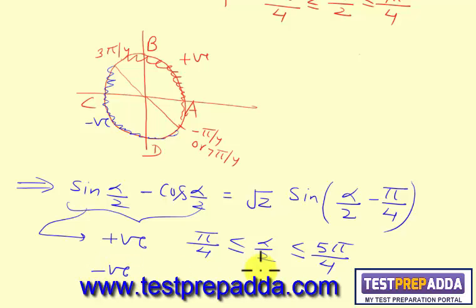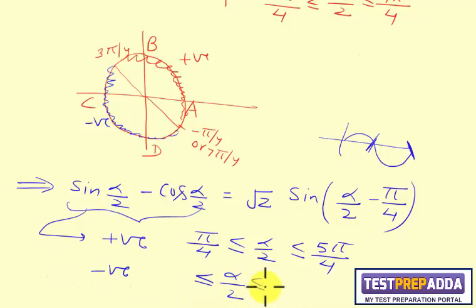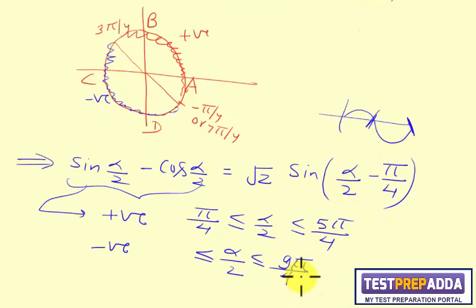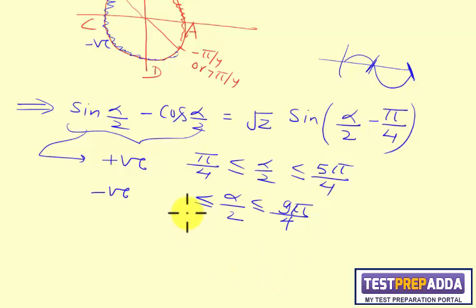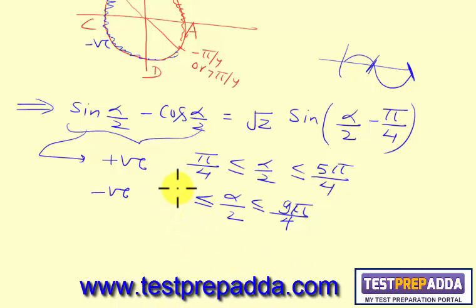Similarly, the expression will be negative when this angle lies between pi to 2 pi. And when alpha by 2 minus pi by 4 lies between pi to 2 pi, the alpha by 2 angle will lie between 5 pi by 4 and 9 pi by 4.